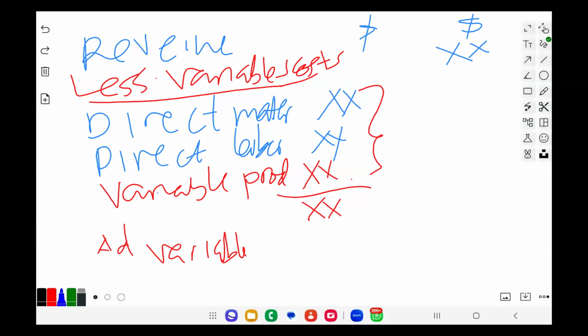Remember, the variable costs could be divided into variable factory overheads and the non-factory variable overheads. Like the variable costs that take place outside, for example, sales commission, bank charges and others. Those you could put in the last column as the variable non-production costs, the non-factory variable costs.